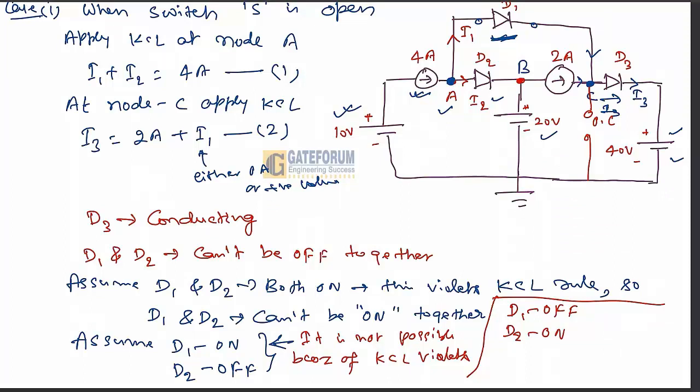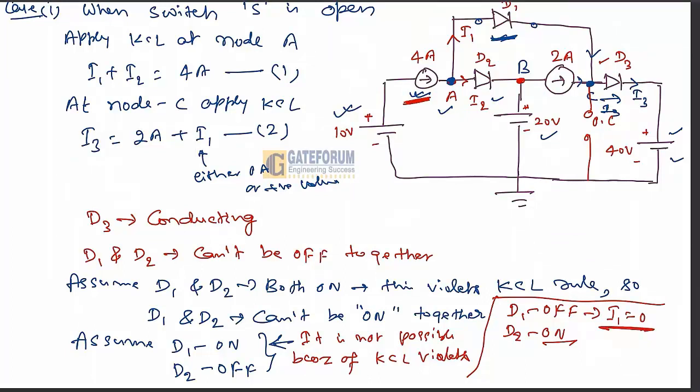If D1 is off, it means this C node potential 40 volt will not appear at node point A. And now we can assume that D2 must be on, because whatever 4 ampere is coming, if D1 is off, it indicates that I1 is 0.